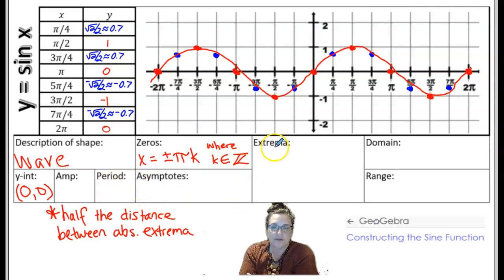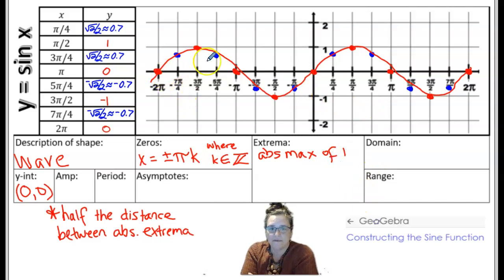Okay, the extrema. We have our first positive absolute maximum here at (pi over 2, 1). So this is an absolute max of 1.